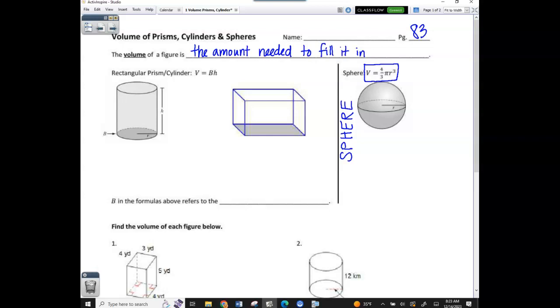Now, while the volume formula may look complicated, the only way that a sphere question might be tricky is if they give you the diameter instead of the radius. So what you may want to do in this picture, it's up to you, is draw the rest of that segment, put a circle there, and say, okay, that is the diameter, and from here to here is the radius.